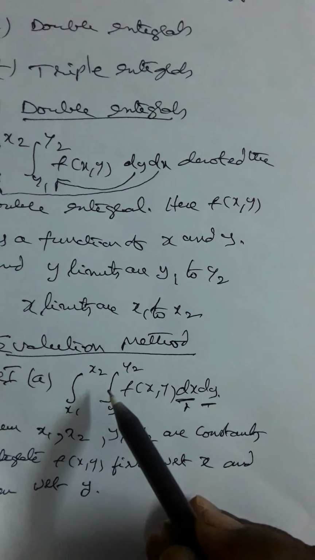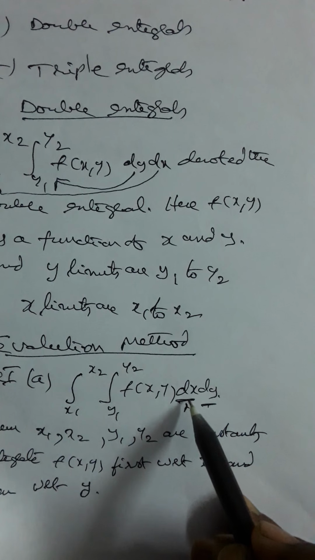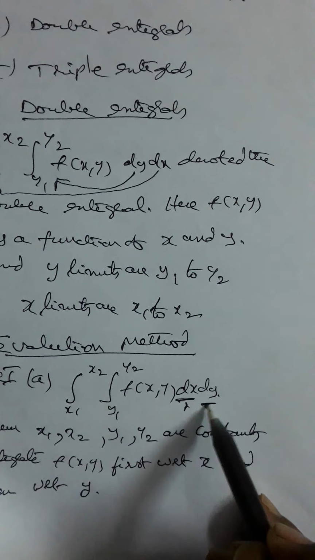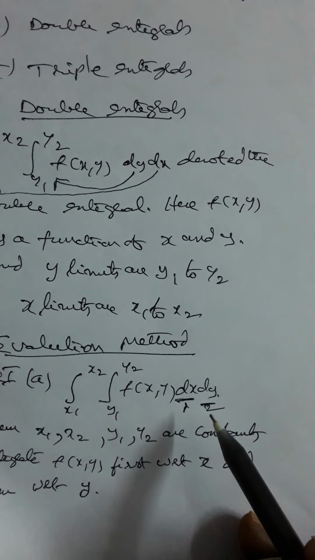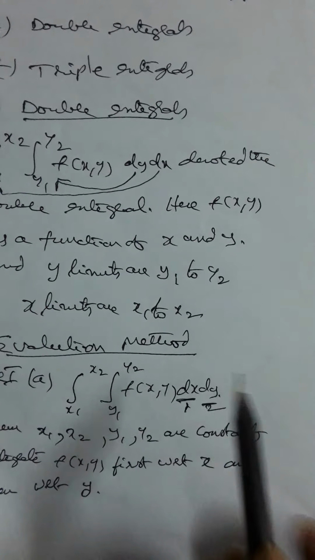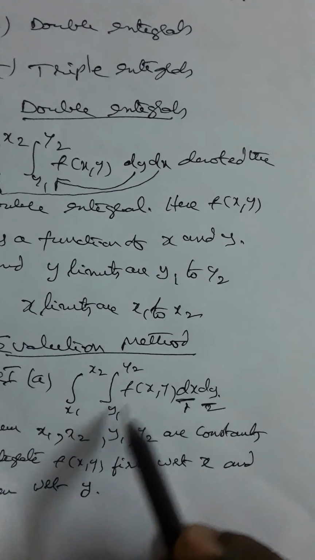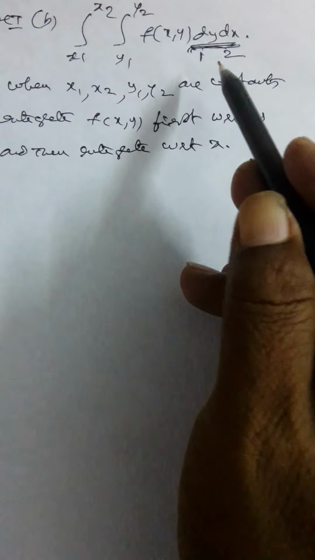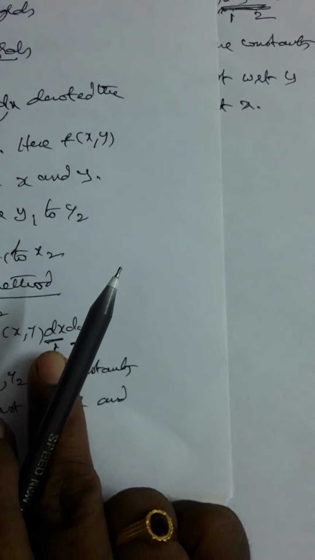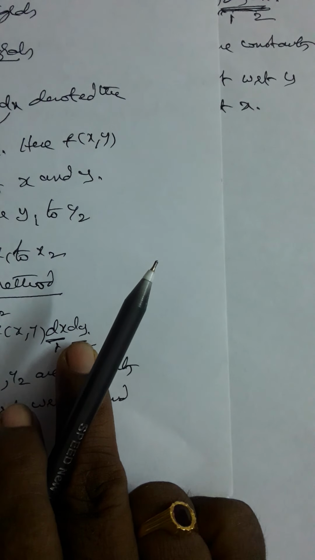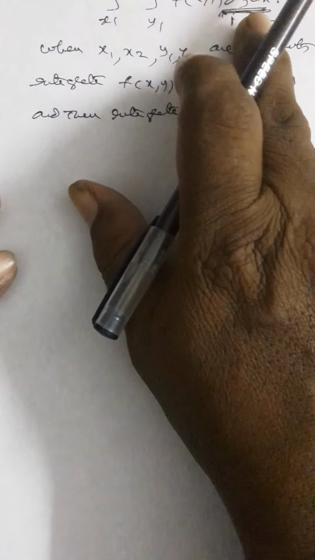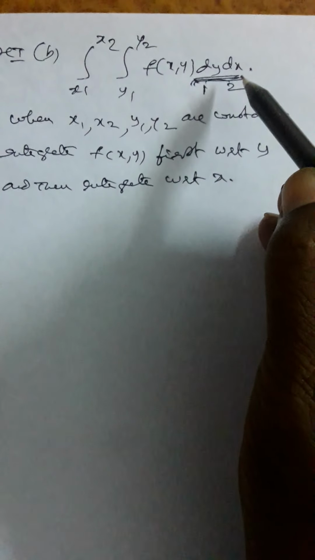Here also all limits are constants, and the order is first x, second y. Whenever all limits are constants, integrate according to this order: with dx dy, first with respect to x, second with respect to y; with dy dx, first with respect to y, second with respect to x.